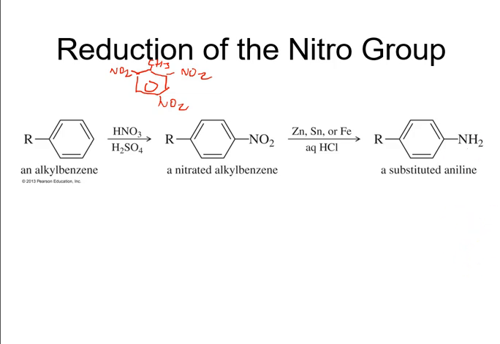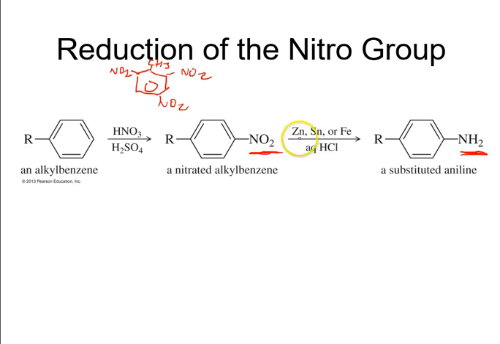However, you can't easily put an NH2 group on an aromatic ring. It's hard to attach an NH2 directly, but you can easily put an NO2 group on. So there's a reaction which fortunately reduces the NO2. Remember, reduction means remove oxygens and add hydrogens.